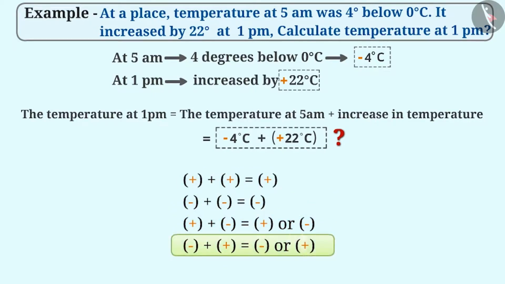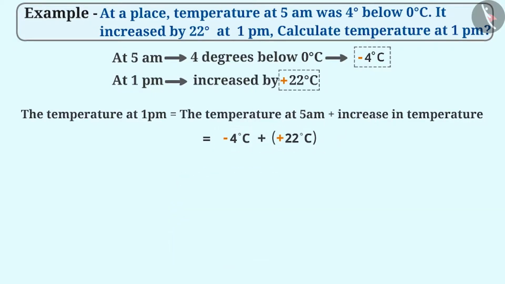You got it right. To add them, first, we will ignore their signs. By doing so, we get their numerical values, that is 4 and 22. Then, we will subtract the smaller numerical value, that is 4, from the greater numerical value, that is 22, and get a result of 18, and prefix the sign of the greater numerical value to the result.